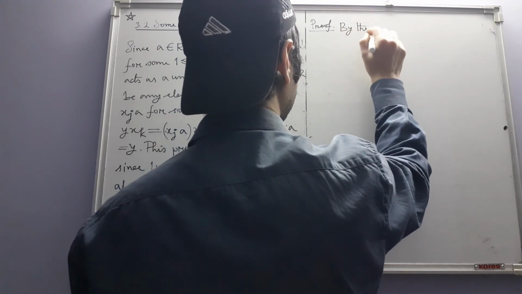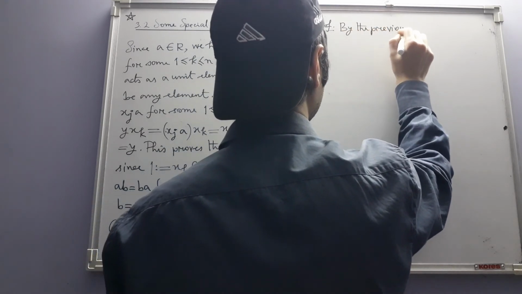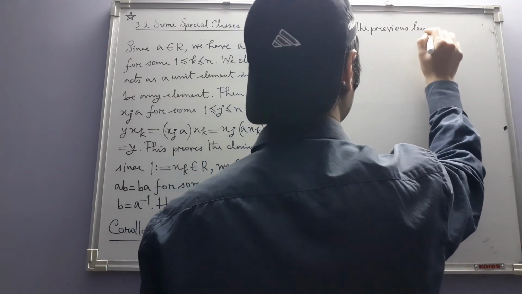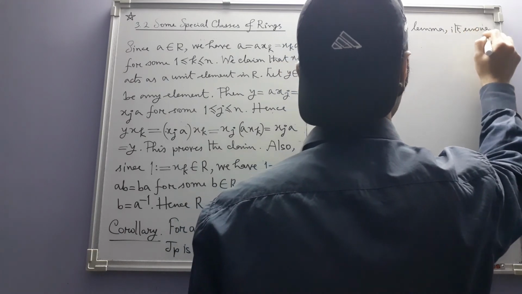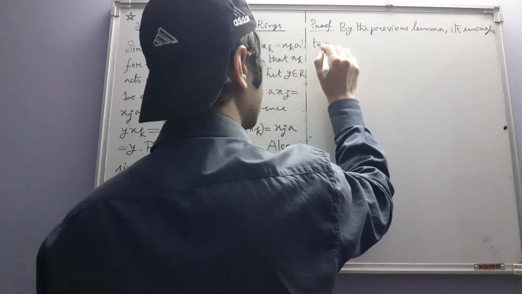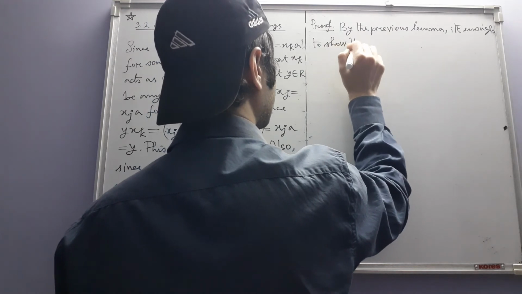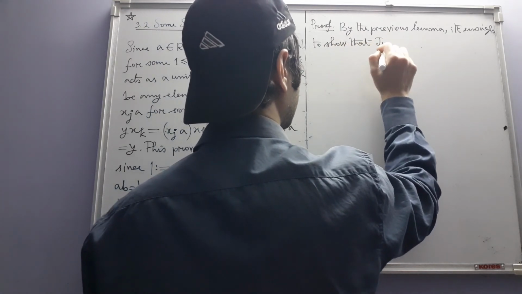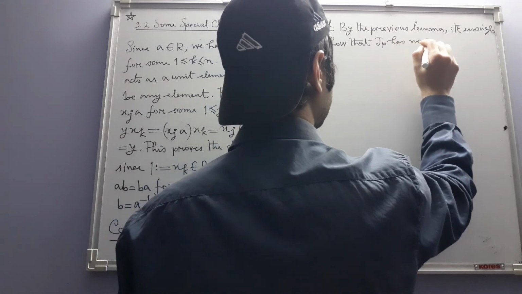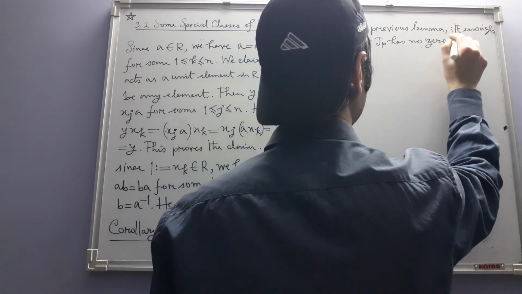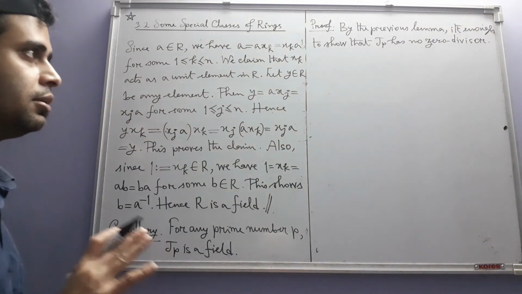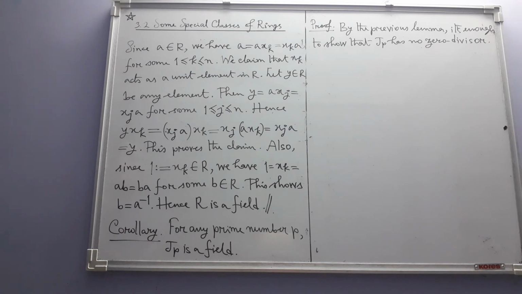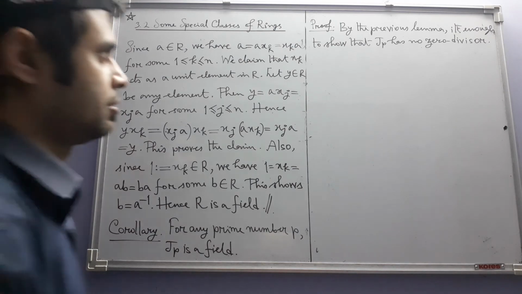By the previous lemma, it's enough to show that Zp has no zero divisor, where we already know that Zp is a commutative ring which is finite. That I am not mentioning here.